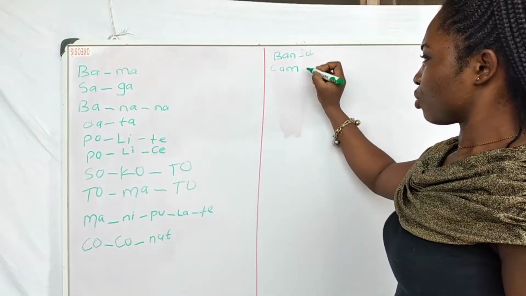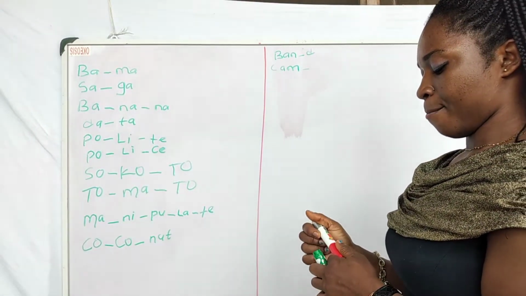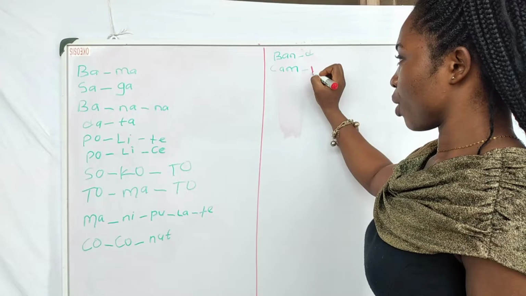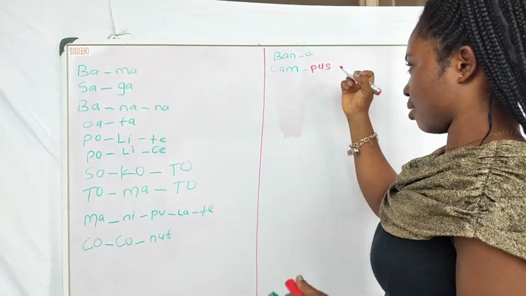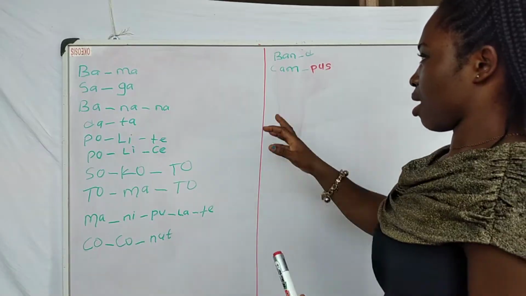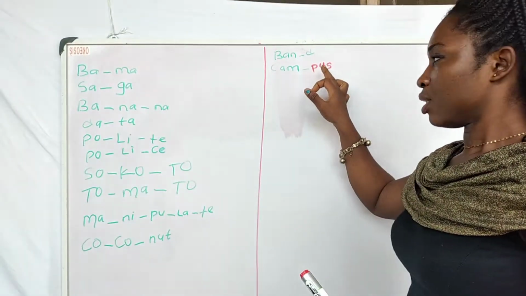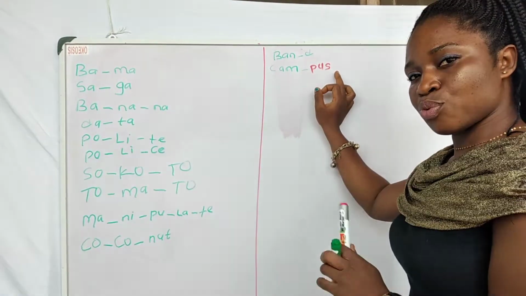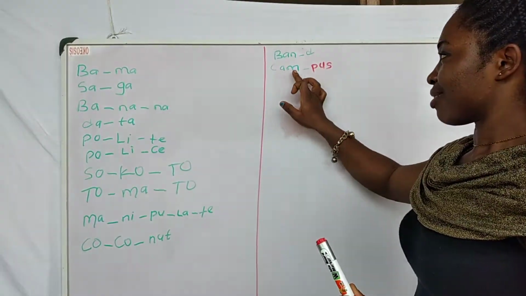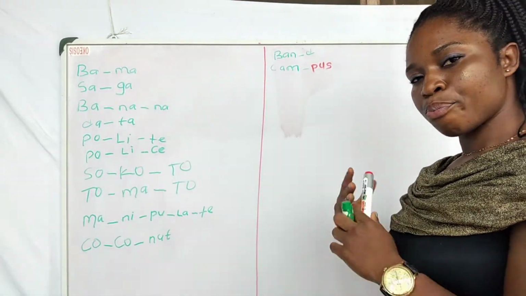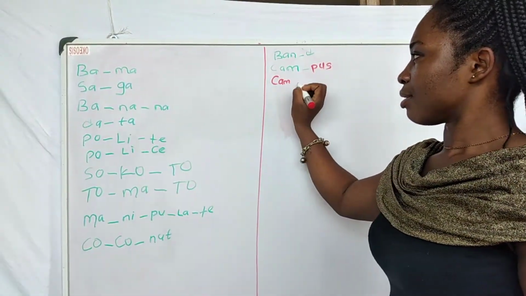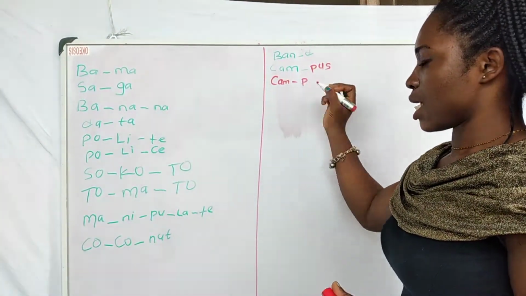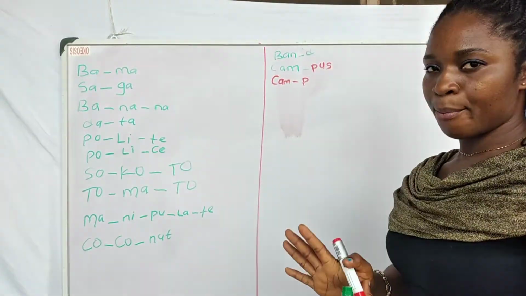If I choose to put say PU, and S, this is campus. This is pu, then S is pus. This is campus. And again, you can have this cam, just add P, it becomes camp.